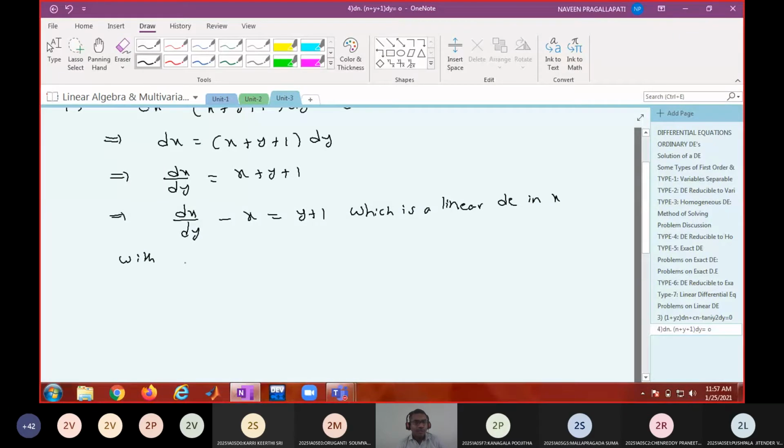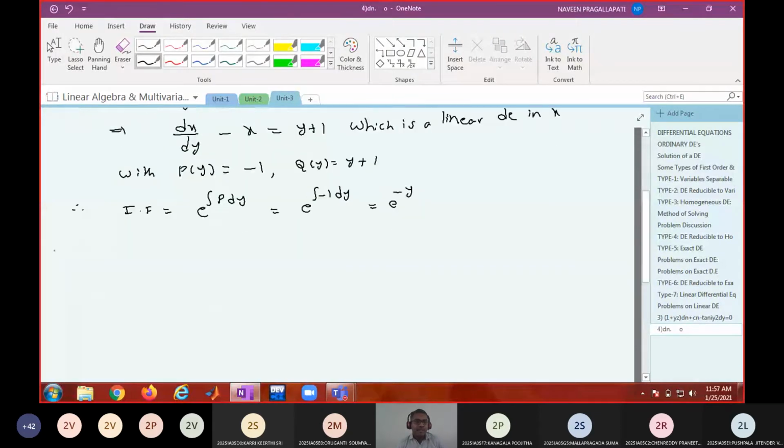Okay. Therefore, you also do it parallel in your notebook. P of y is equal to, what is P of y here? Minus 1. Q of y is equal to y plus 1. Okay. Therefore, integrating factor is equal to e power integral p dy, equal to e power integral minus 1 dy, which is equal to e power minus y.